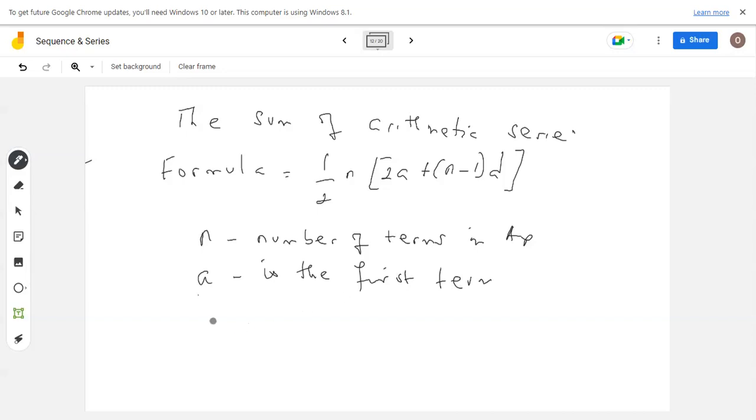Then d stands for the common difference in the sequence. The common difference is the difference between consecutive terms in the sequence.